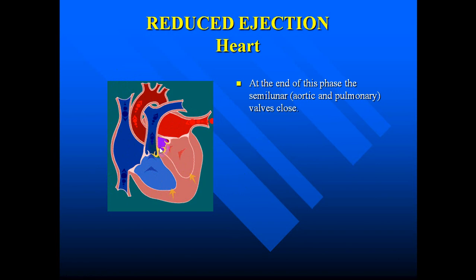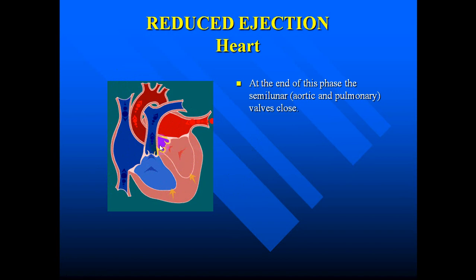Because the pressure in the artery, which is 120, is more than the pressure in the ventricle, which has dropped. So the blood tries to go back into the ventricle. As we said, the function of the semilunar valve is to prevent backflow of blood from the great vessels to the ventricle. So it snaps closed.